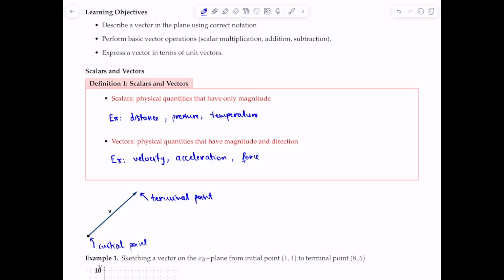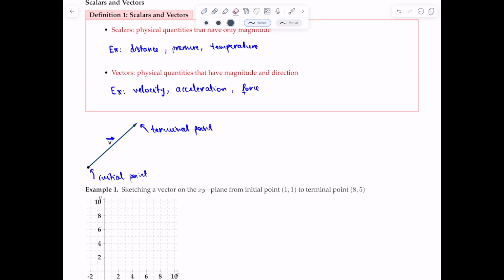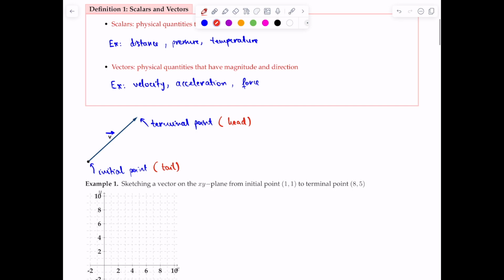But when you write on a piece of paper, it's really hard to make a letter bold. So usually you just write a letter with an arrow on top of it to represent a vector. Again, a vector consists of 2 points, initial point and terminal point. The initial point is also called the tail, and the terminal point is also considered the head. Okay, so that's the basic idea of a vector.